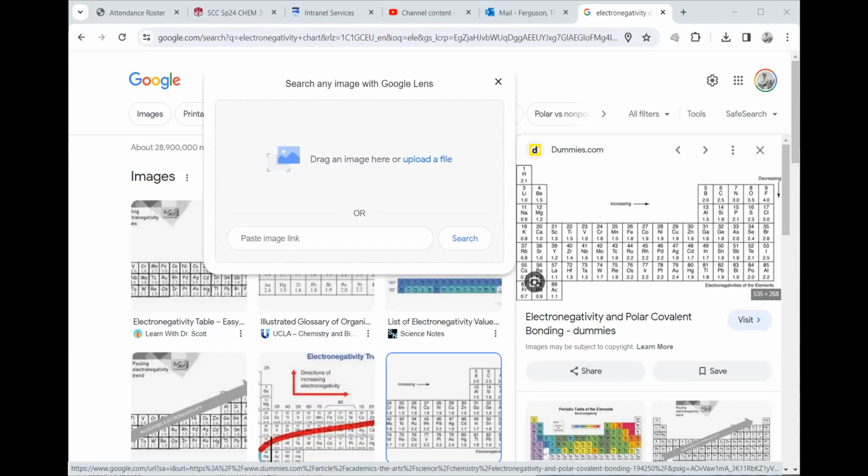Okay, what else does this have? Well, it has a CO bond right here. And as we went up here, the CO bond has got 1.0, so it's definitely polar.